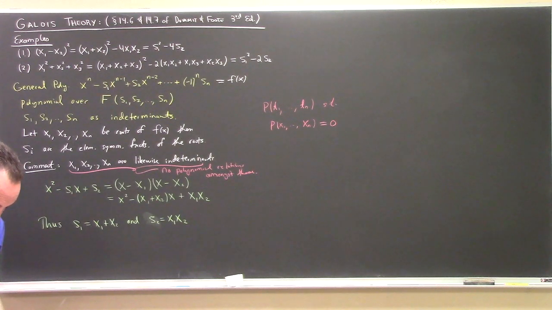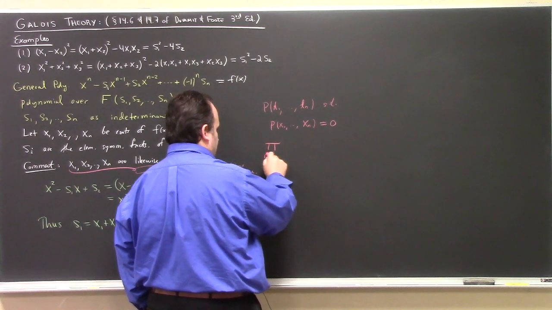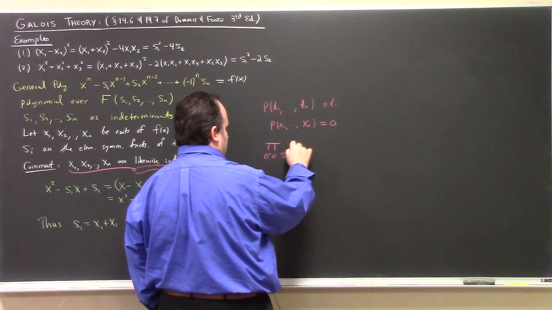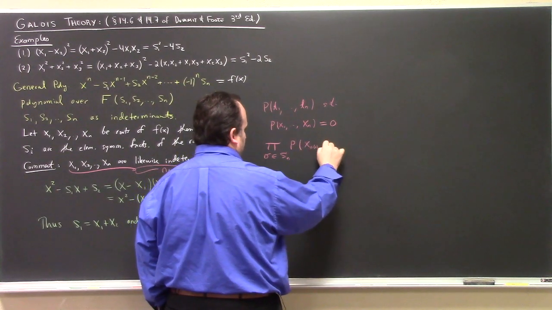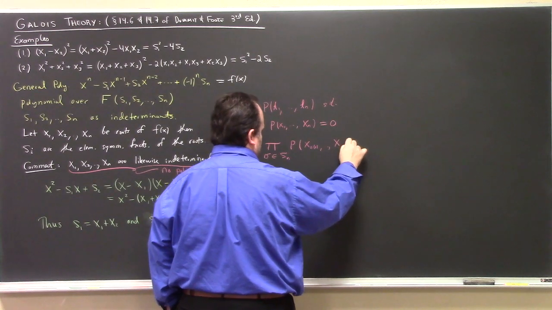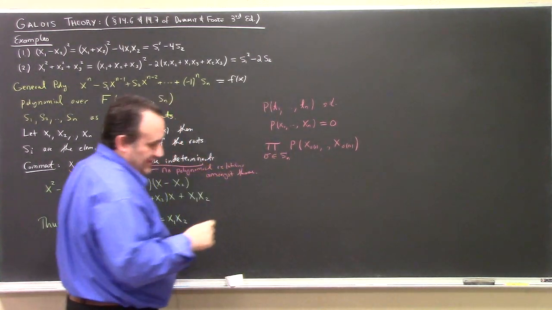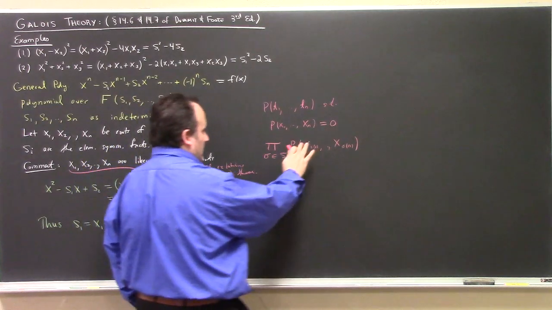Then he says, take the product over sigma in the symmetric group Sn of p(x sigma 1, through x sigma n). I'm probably supposed to have t's there. Yeah, t's, sorry. My bad.